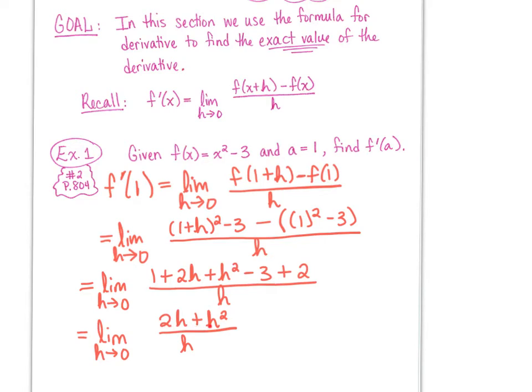So you're left with 2h plus h squared over h. Your numerator has what in common? H. So remember, we write the limit until we actually evaluate. So that's the limit as h approaches 0 of h times the quantity 2 plus h all over h. What happens with those h's? They cancel out. Good. So this is equal to the limit as h approaches 0 of 2 plus h.